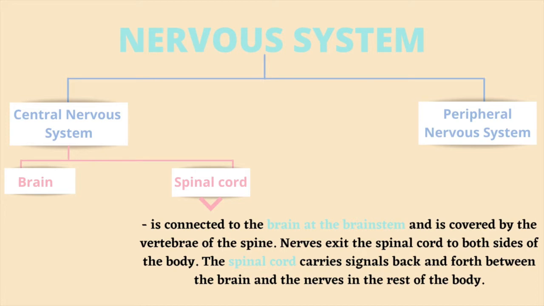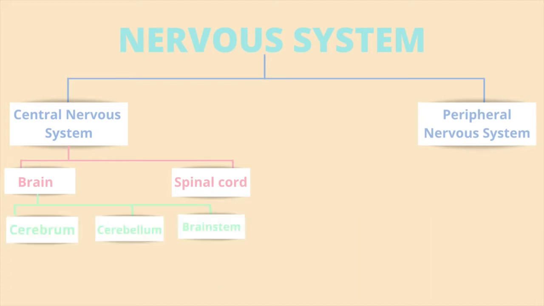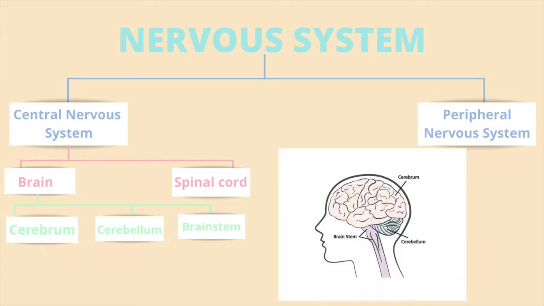The spinal cord carries signals back and forth between the brain and the nerves in the rest of the body. And of course, the brain consists of the cerebrum, the brainstem, and the cerebellum.